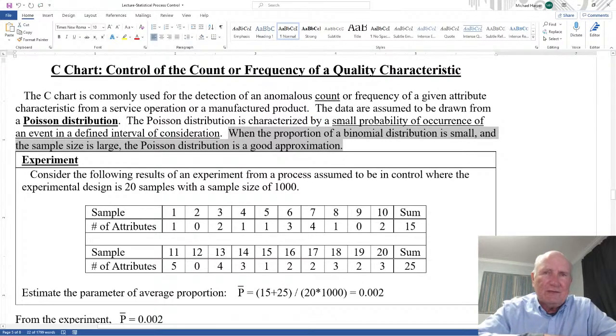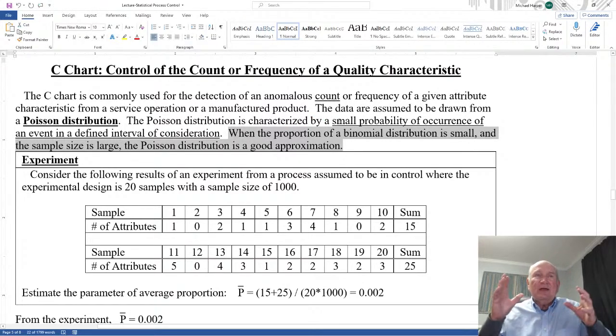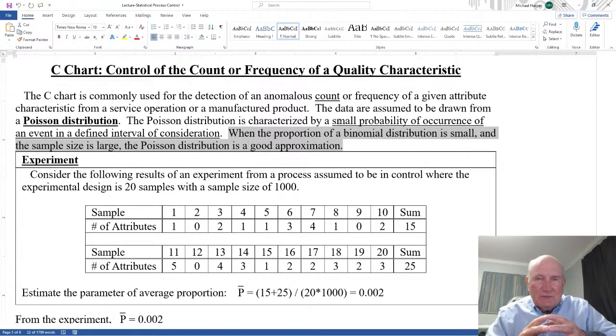You don't have to derive any of this, but understand that when you get better and better and better, you shouldn't be using a binomial. You should be using a Poisson. Poisson is not difficult to use when you know how to use it. If you've taken statistics, in a statistics textbook they talk about the binomial distribution and either confidence intervals or test hypotheses, and sometimes they say when n times p is less than 5, then you don't use it.